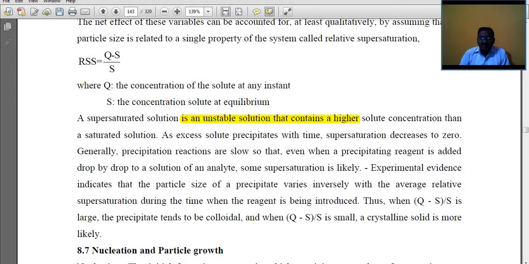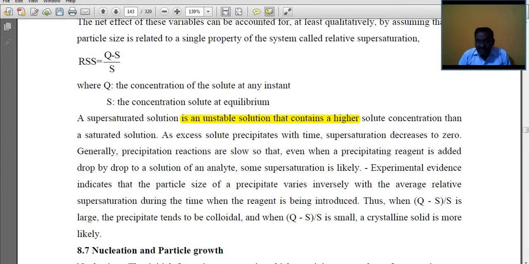Generally, precipitation reactions are slow, so that even when a precipitating reagent is added drop by drop to a solution of an analyte, some supersaturation is likely. The experimental evidence indicates that the particle size of a precipitate varies inversely with the average relative supersaturation during the time when the reagent is being introduced.